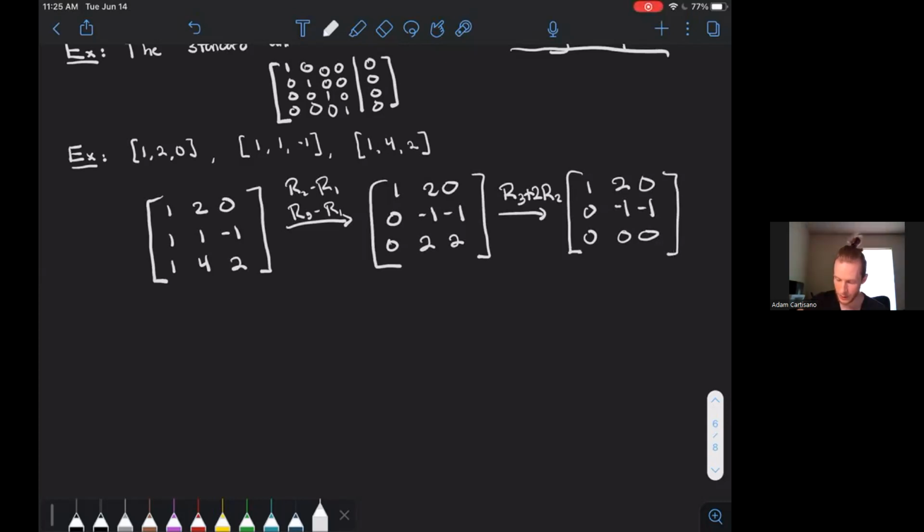Notice what we did to get this bottom row.